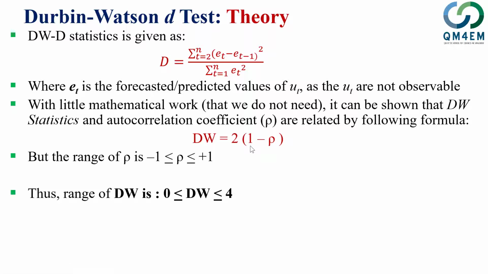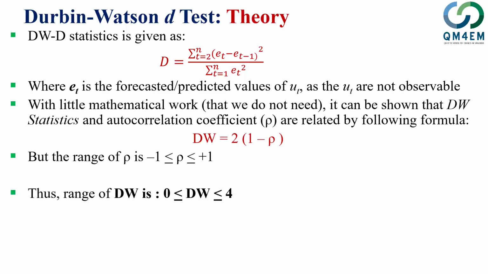Now another property of this equation is that we can find out, if there is a positive autocorrelation, what would be the value of the Durbin-Watson D statistic, and if it's negative autocorrelation, what would be the value of the Durbin-Watson D statistic.